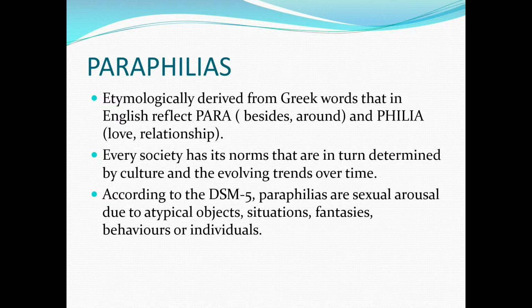Every society has its norms that are in turn determined by culture and the evolving trends over time. According to the Diagnostic and Statistical Manual, I think this is version 5, for mental disorders, paraphilias are sexual arousals due to atypical objects, situations, fantasies, behaviors, or individuals.